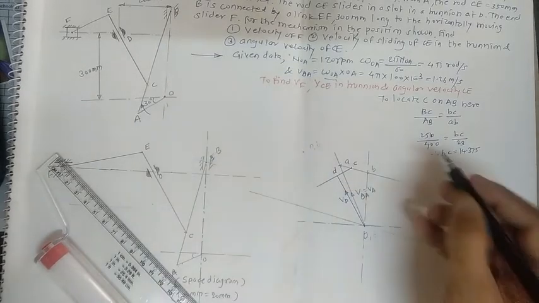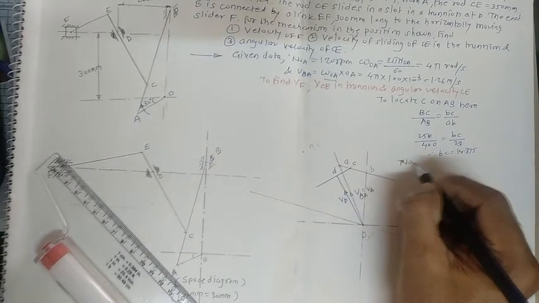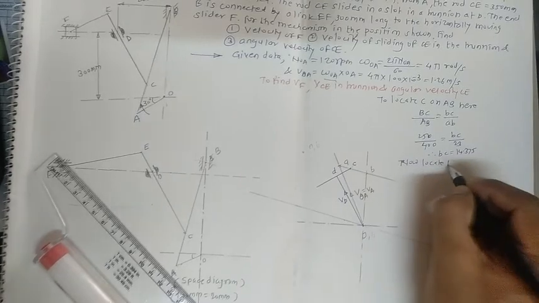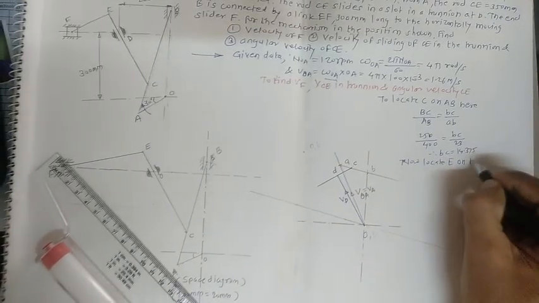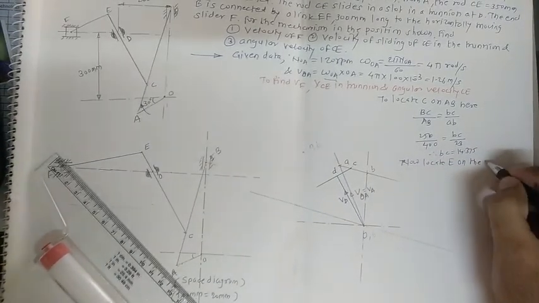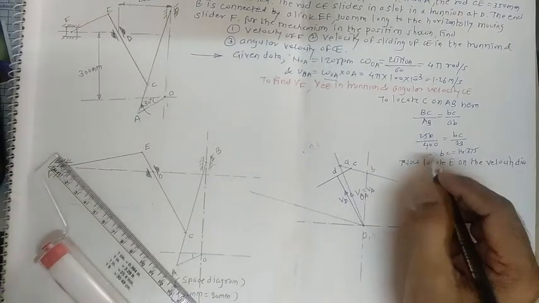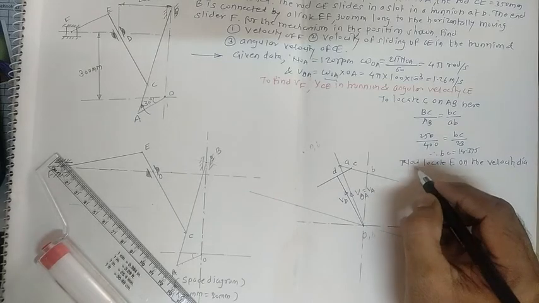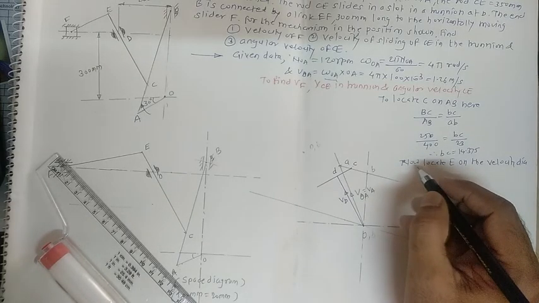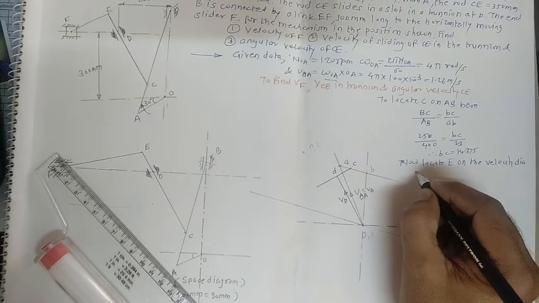Now, to locate e on the velocity diagram, we can say it this way.